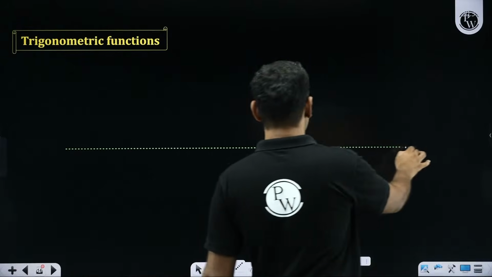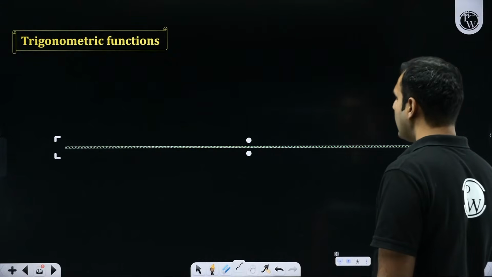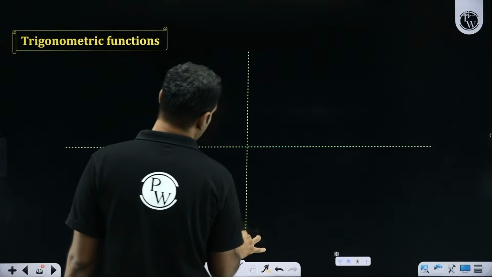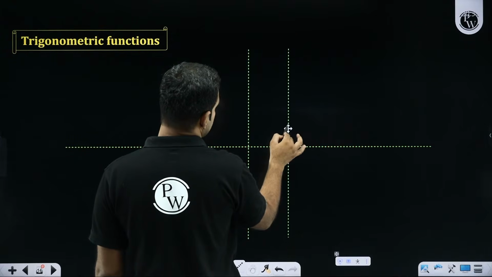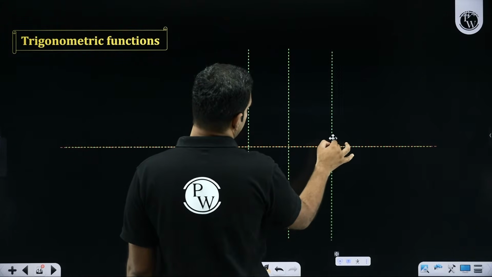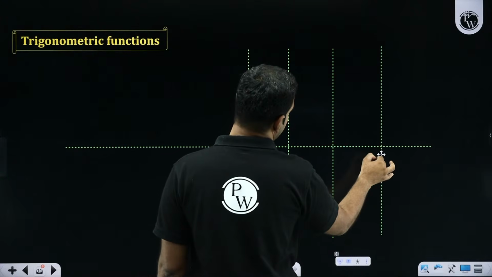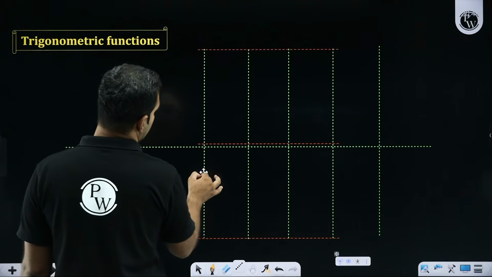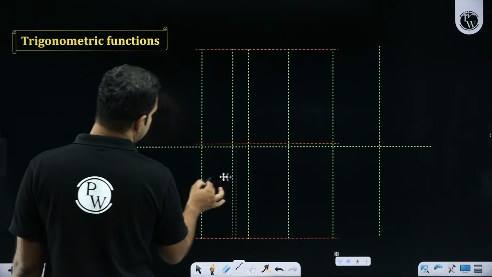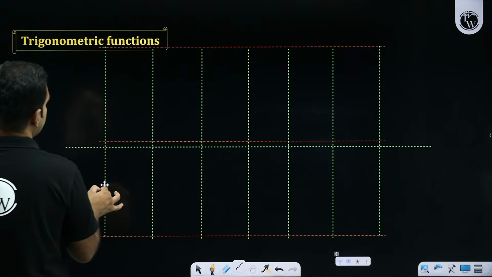So let's say this is the x-axis here, and this is the y-axis over here. And parallel to it, there are some lines which I'm just drawing to make your understanding better. You just need to be a little patient and look at this, which will make you understand everything.